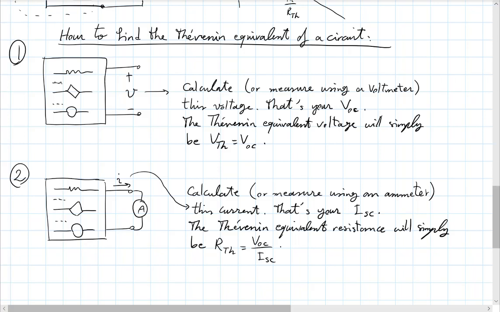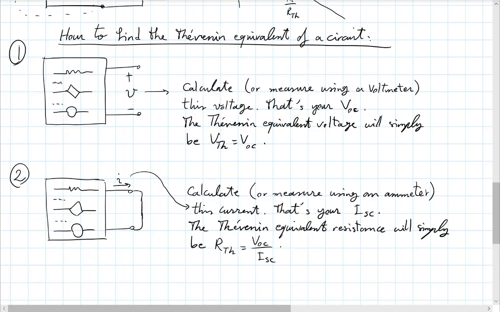To emphasize that here, if you attach a voltmeter there, you're looking at an open circuit. If you attach an ammeter, you're looking at a short circuit. So on paper, you would literally add that wire and then calculate that current.